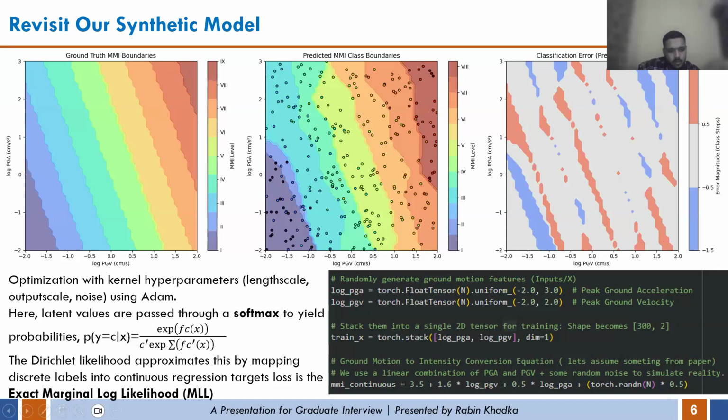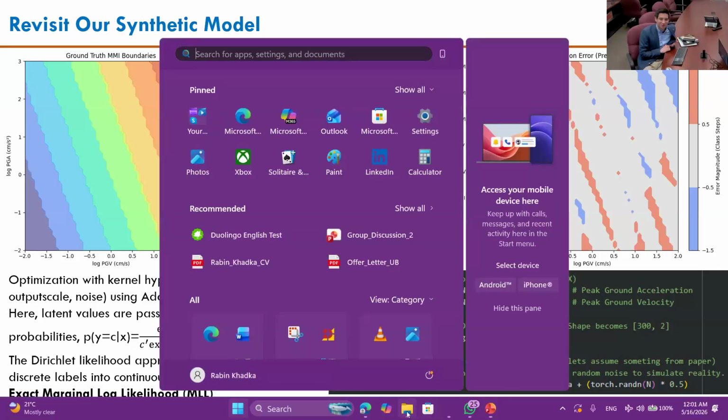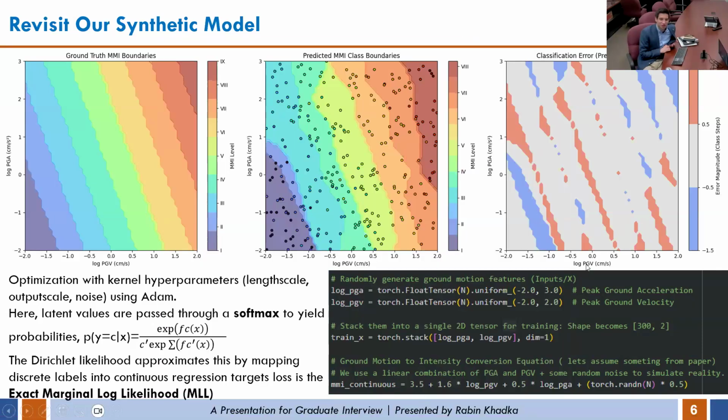I can say that the issue is this assumes that PGA and PGV are uncorrelated, and that's why they span the entire space. This is not a realistic assumption. PGA and PGV are correlated. So when we are using real data that doesn't cover the entire space, we see that it's a much more difficult problem to solve.